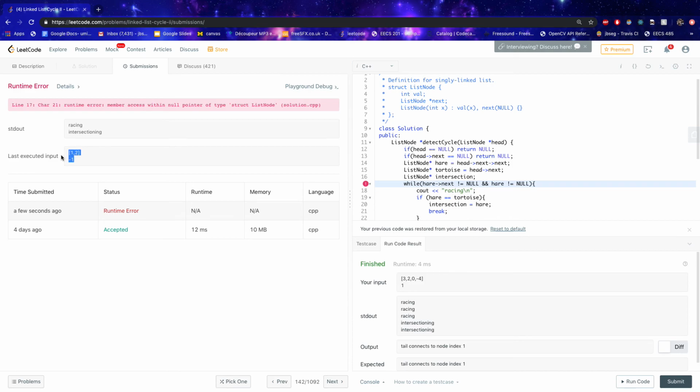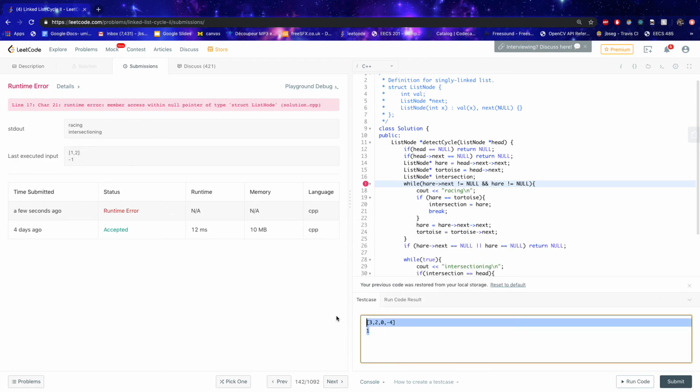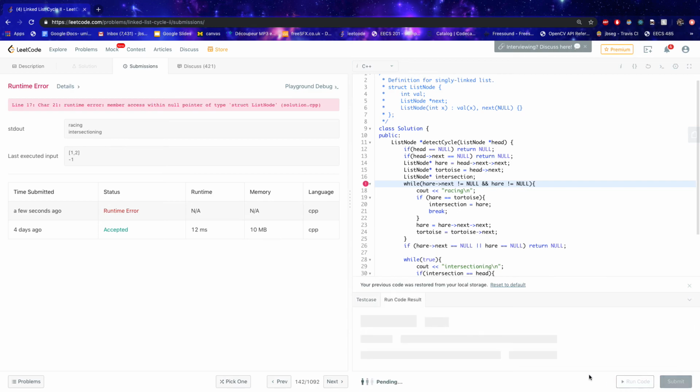But this is the last executed input. Let's just see, like, why is there a negative? Why do they want a negative position? That's so weird.